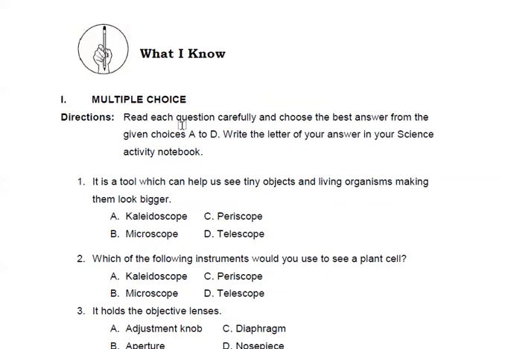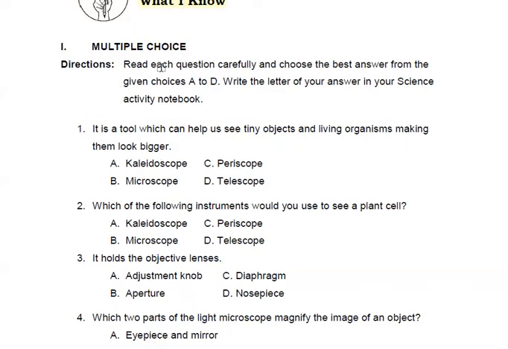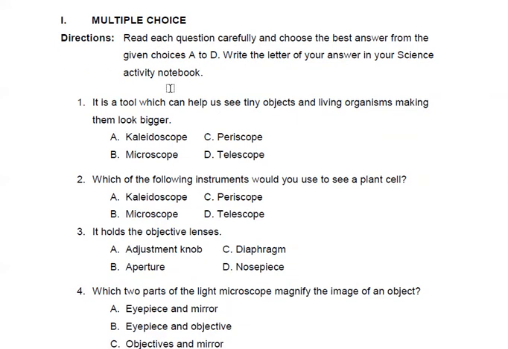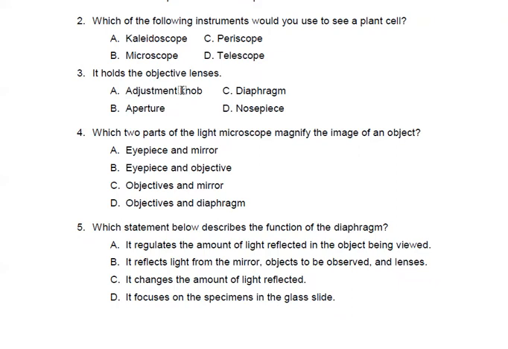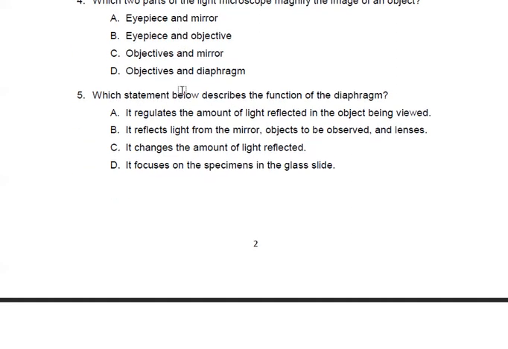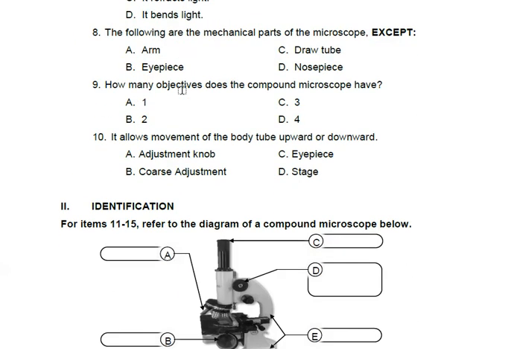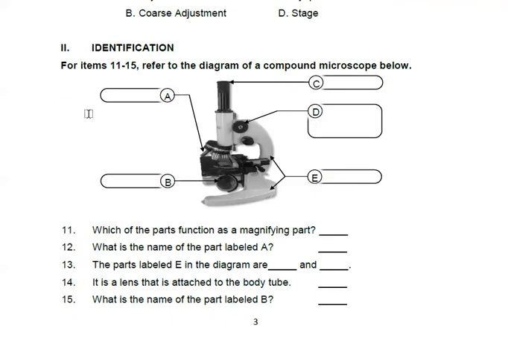So let's begin. We start by answering what I know, and this is our pre-test. The first part of this test is the multiple choice, which is 10 items. Just write the capital letter for each question for your answers. And the second part is identifying the items here.